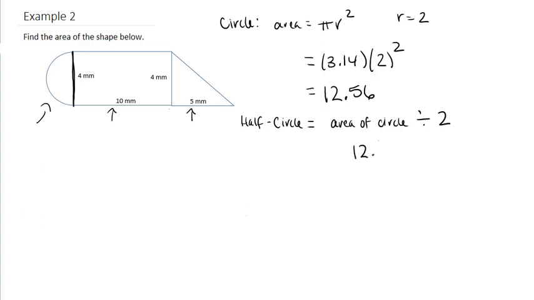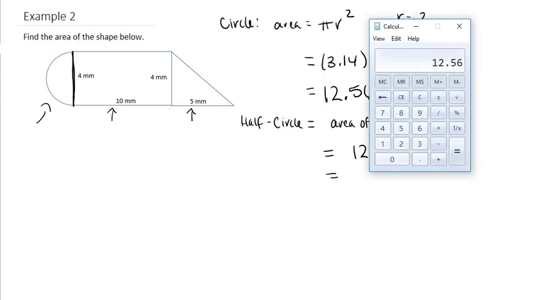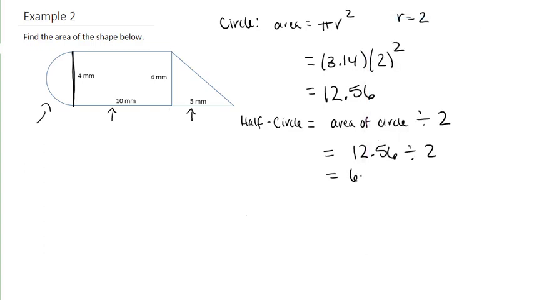So we get 12.56 and then divide it by 2, and we get 6.28. And this is millimeters squared. So we'll box it so we know we can add it at the very end.